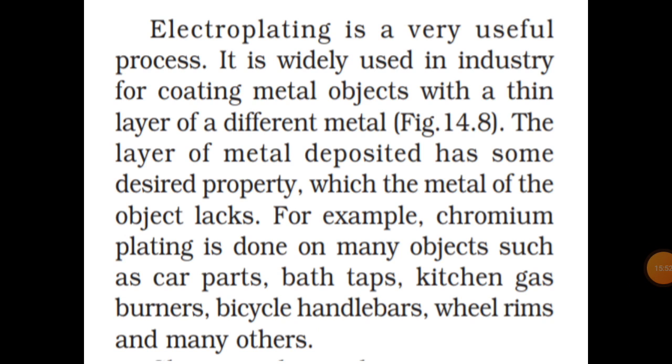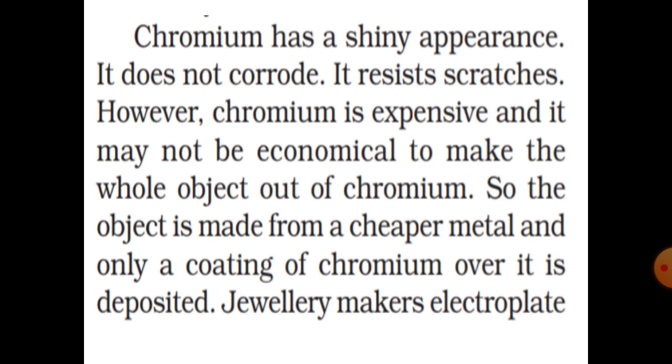It is widely used in industry for coating metal objects with a thin layer of different metals. The layer of metal deposited has some desired property, which the metal of the object lacks. For example, chromium plating is done on many objects such as car parts, bath taps, kitchen gas burners, bicycle handlebar and wheel rim and many others. उन सब पे होती है.